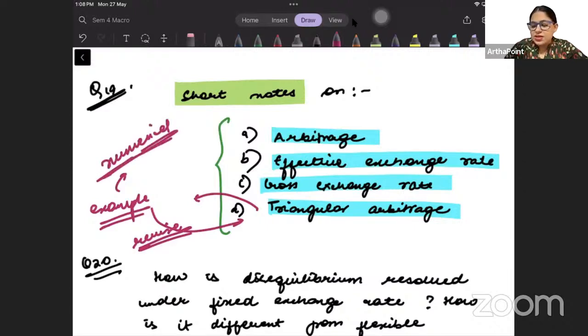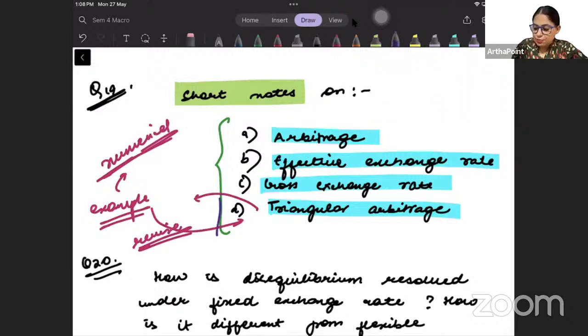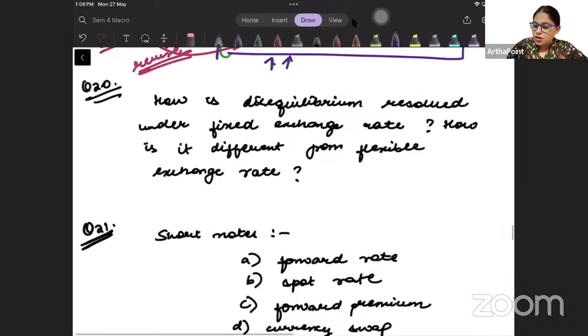They will give you that suppose the exchange rate between dollar and pounds is this much, the exchange rate between pound and euro is this much, the exchange rate between euro and dollar is this much. Then define the triangular arbitrage. Such a question can be asked in the exam, and therefore I want all of you to revise that example. I have done this as part of the video lecture. Please do that better.